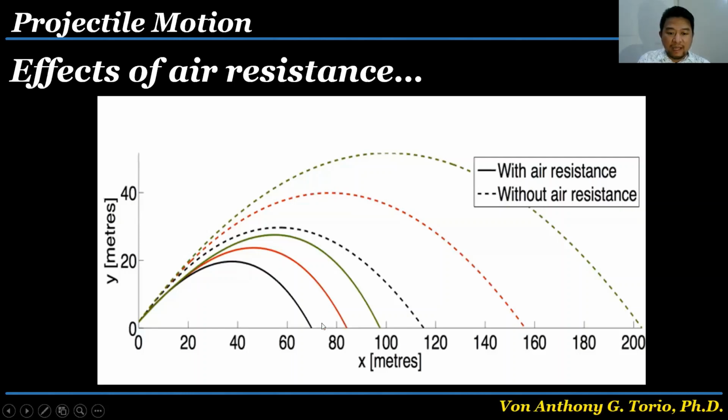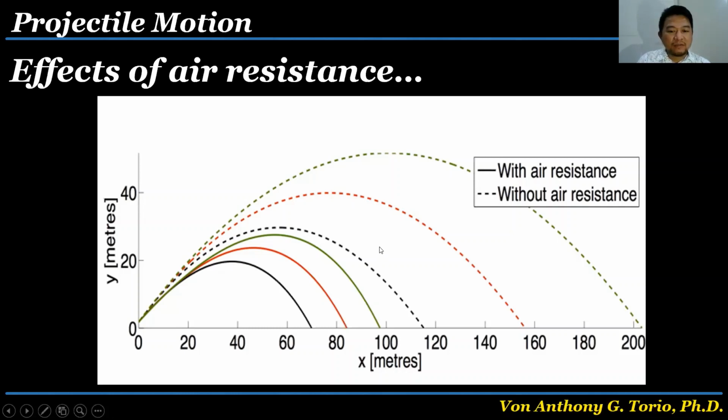And notice that a projectile that follows this green graph here actually is able to travel a greater horizontal distance and a higher vertical displacement. Notice that the ideal path has a much larger x and y displacement.